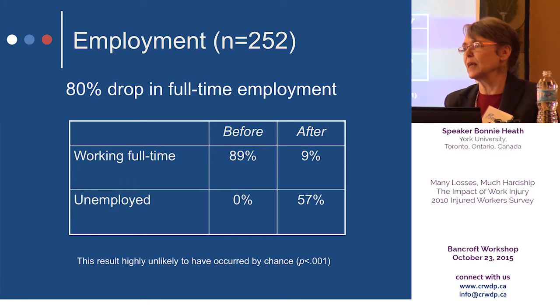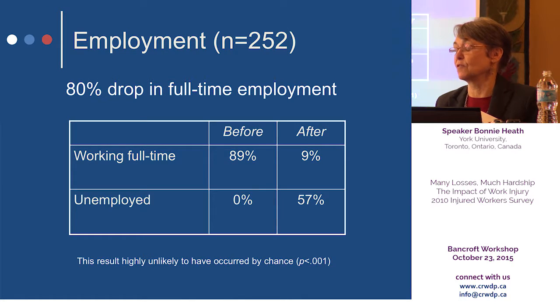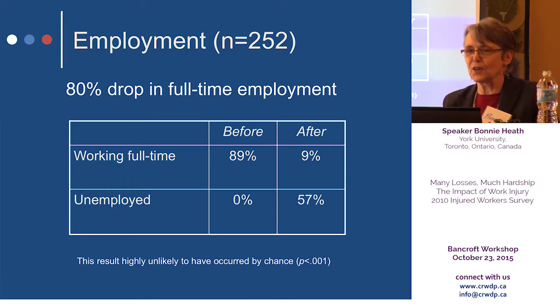Well, 89% of the people were working full time before their injury. 9% were working full time after. Obviously, 0% were unemployed before because they got injured at work, and so there's our unemployment rate of 57%, just for this group, not for injured workers in general.